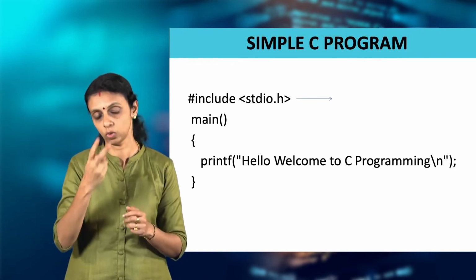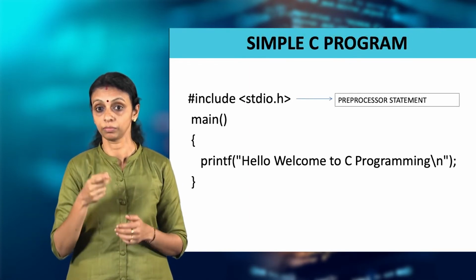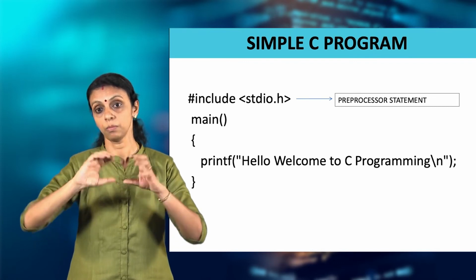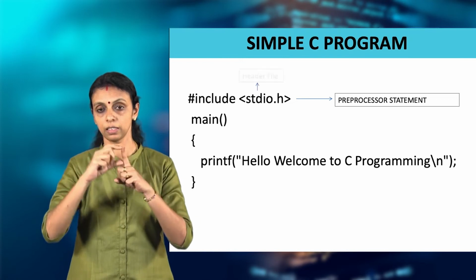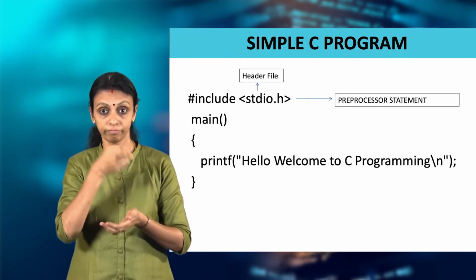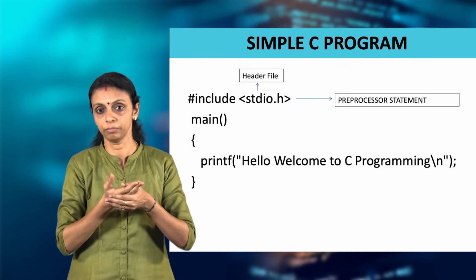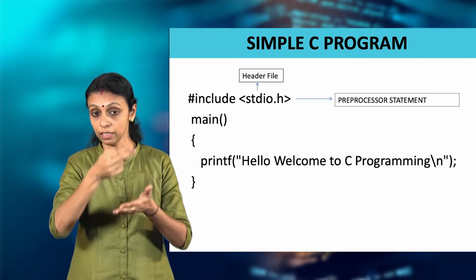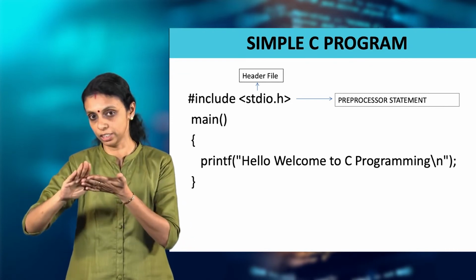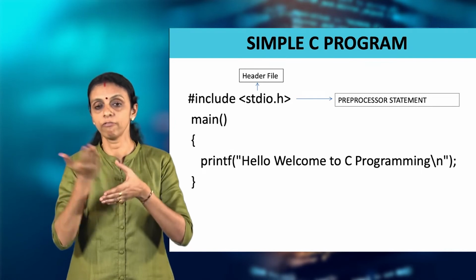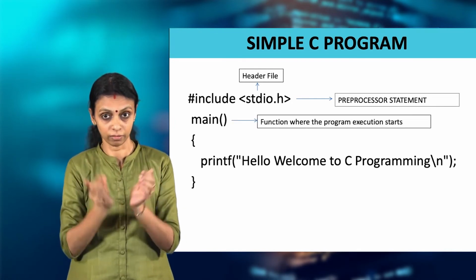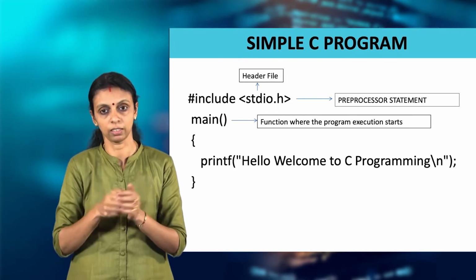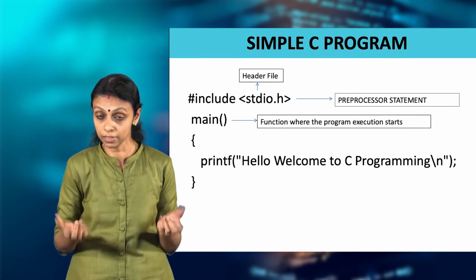This is known as preprocessor statement. stdio.h is the header file. Please note that the extension of this file is .h. Main is a special function. It tells the computer where the program starts.